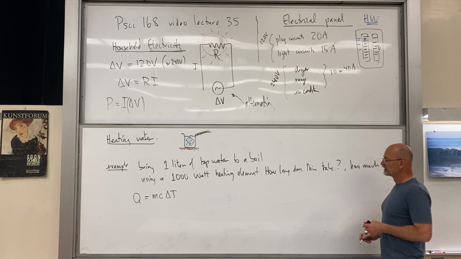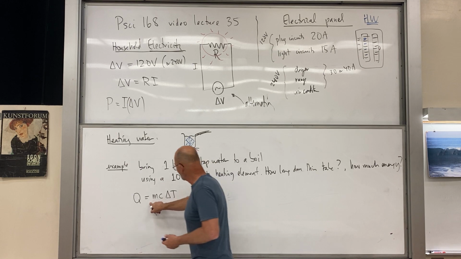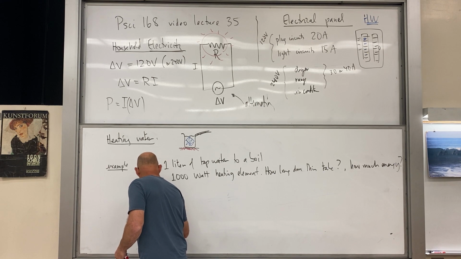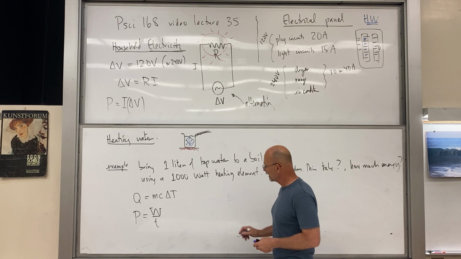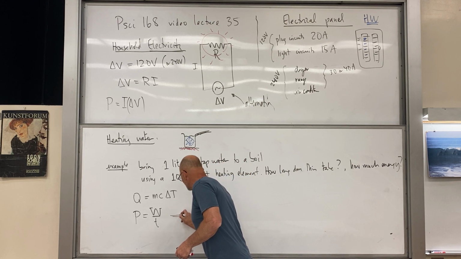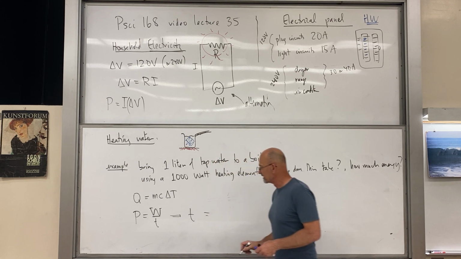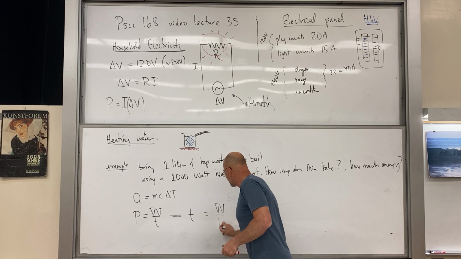So here's what we have. We have Q equals mc delta T. We have power equals energy over time. So we're going to solve for the time. The time is equal to the energy over the power.